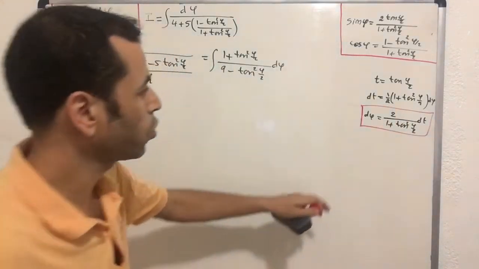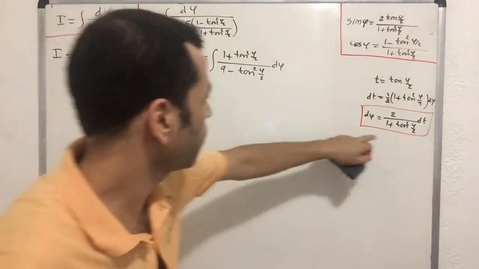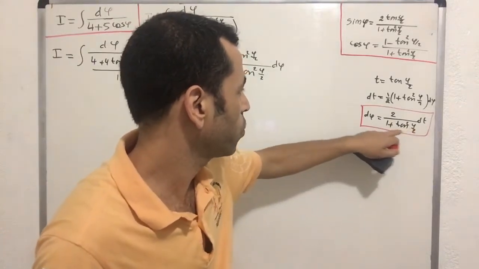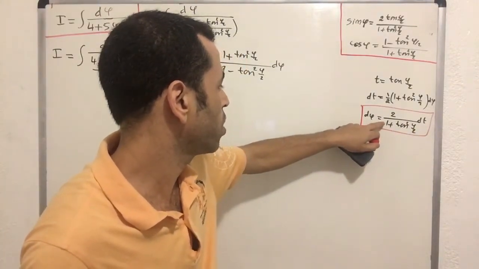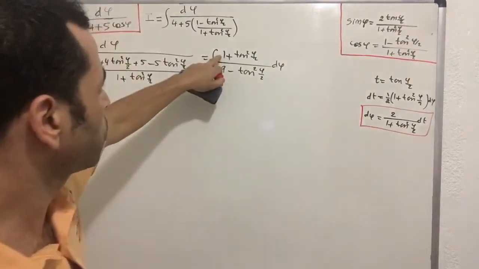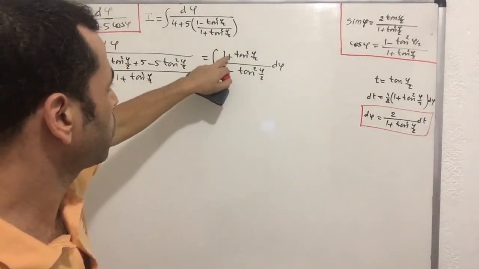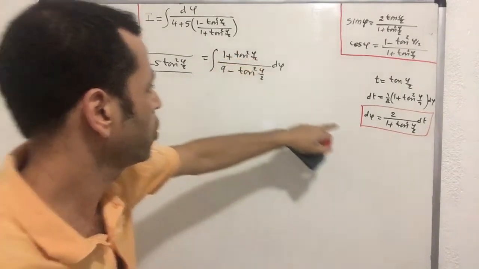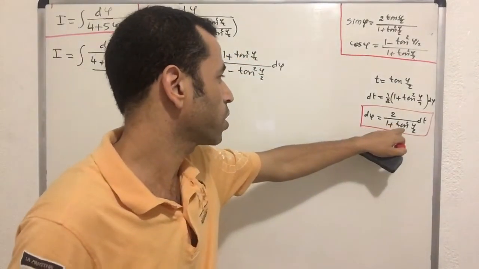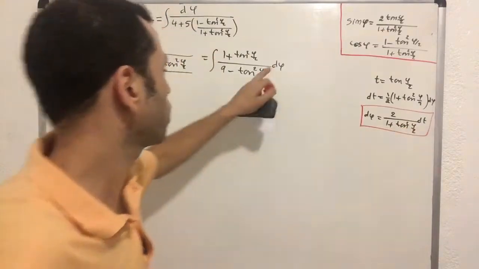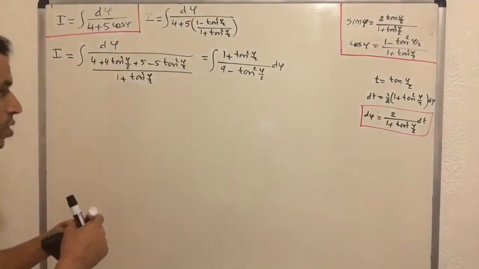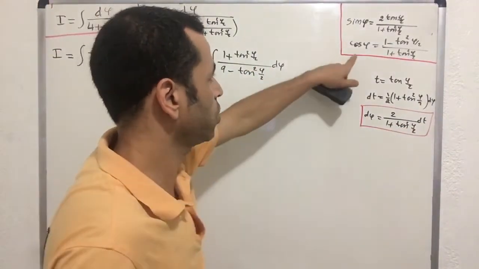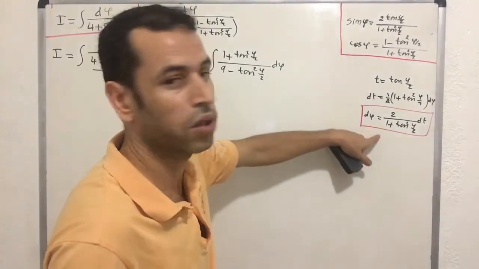If you take a look at here again, you see 1 plus tangent squared phi over 2 as a denominator. So the top one, you can have simplification now. You have 1 plus tangent squared phi over 2 and 1 plus tangent squared phi over 2. You can simplify that. That's our goal. That's why we are using this formula. Now you understand why I'm using this formula.